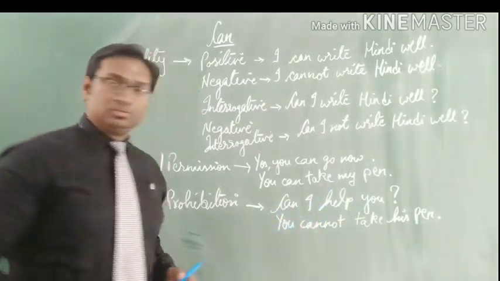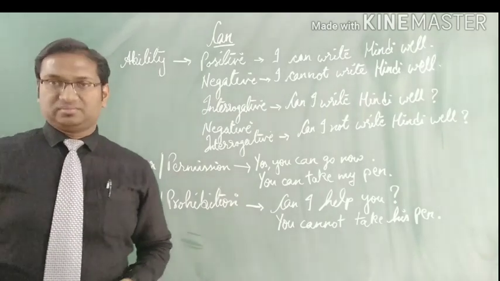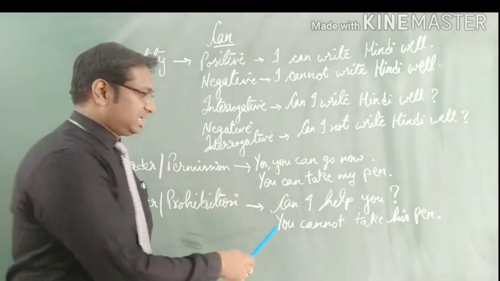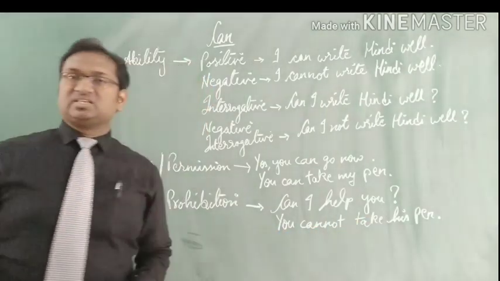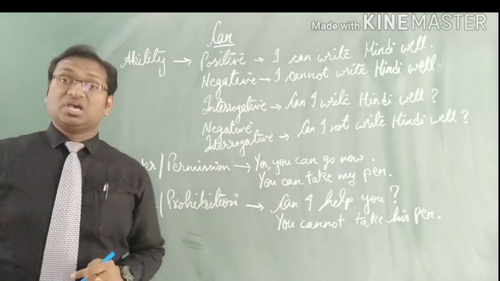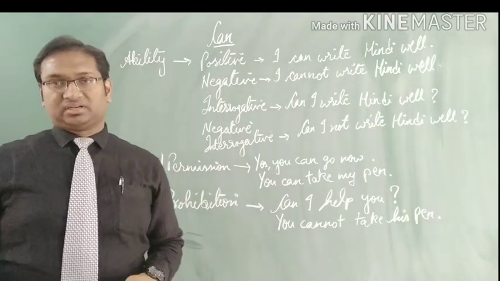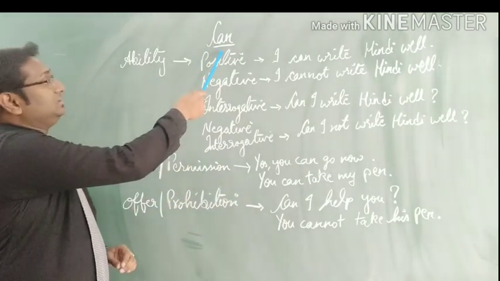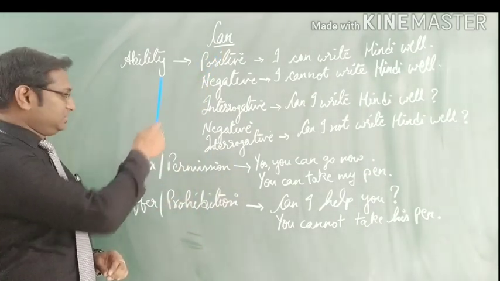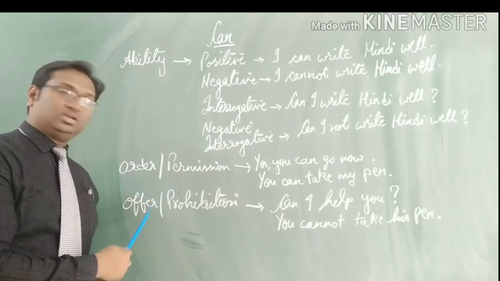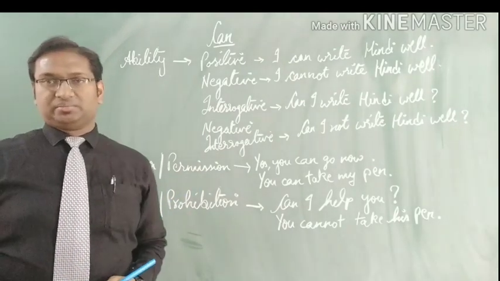Can I help you? This is offer. And second, you cannot take his pen. This is prohibition. You are saying not to take the pen. So, can is used for ability, order, permission, offer and prohibition.